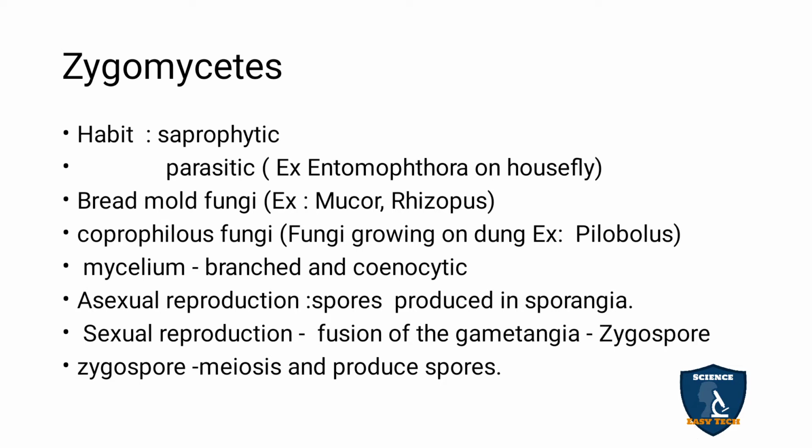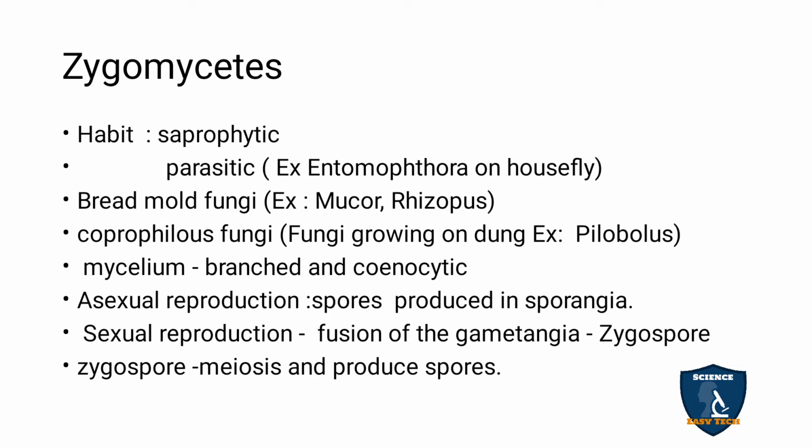Bread mold fungi. Example, Mucor and Rhizopus. It lives on the bread. Or in your house, you have prepared idli, no? That idli can be kept outside for 2 days.